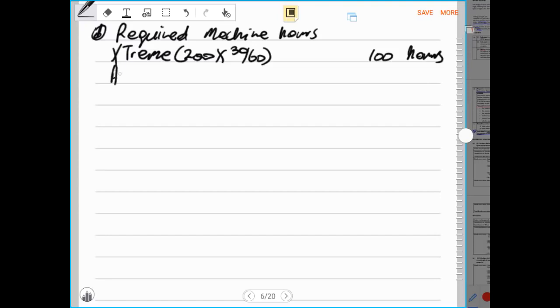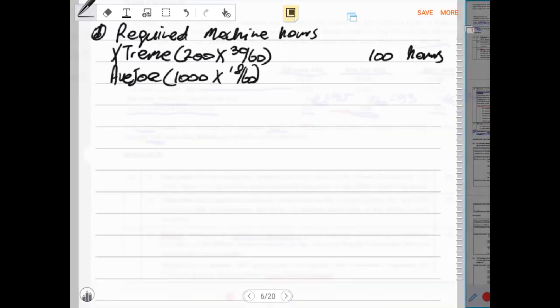Then the second product is Avjo, which is the Avjo ball. Avjo wants to manufacture 1000 units at 0.3 hours, which is 18 minutes over 60, where we converted that as 0.3 hours. I just want to show all the calculations here.